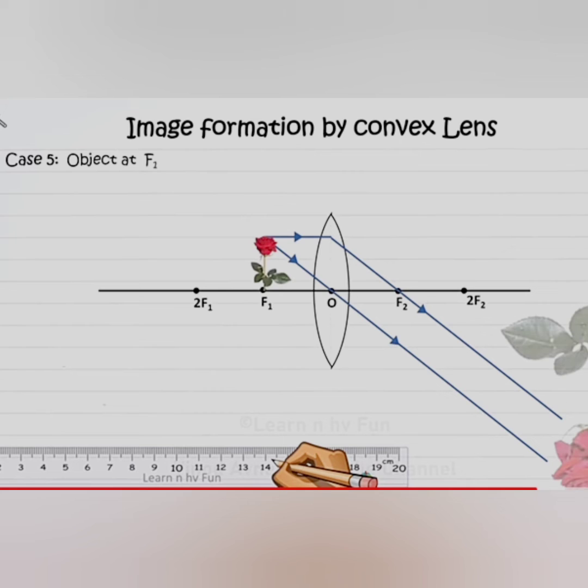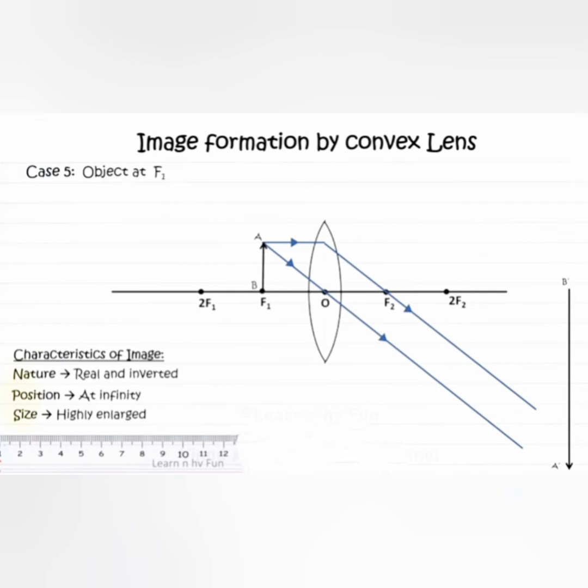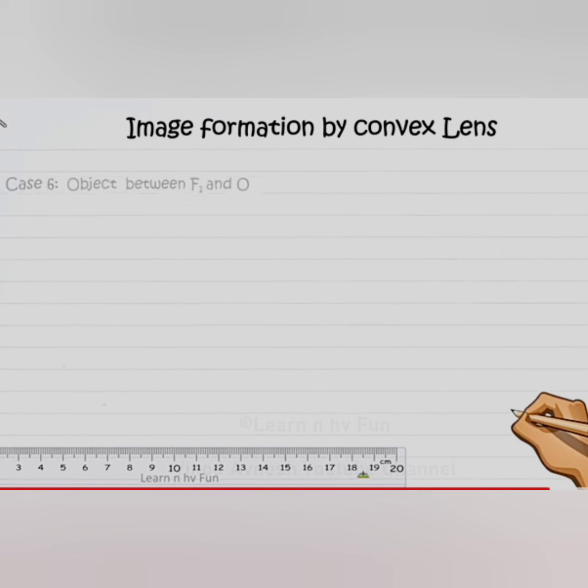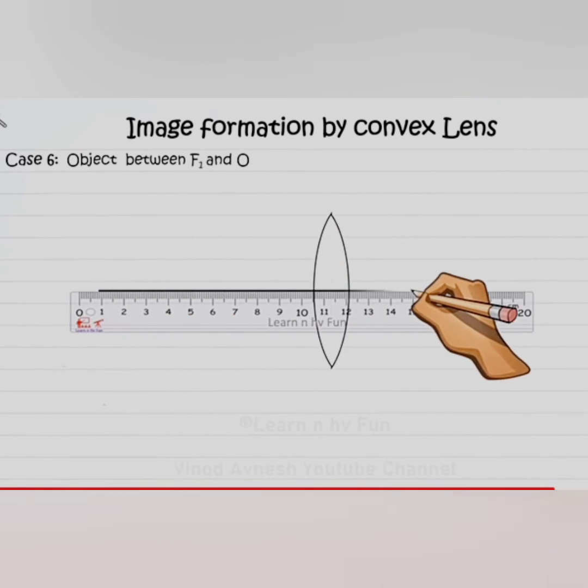So what is the characteristics of this image? Real and inverted, position at infinity, and size highly enlarged. Because both rays will meet each other at infinity, a long distance from the main object, the size will be highly enlarged.